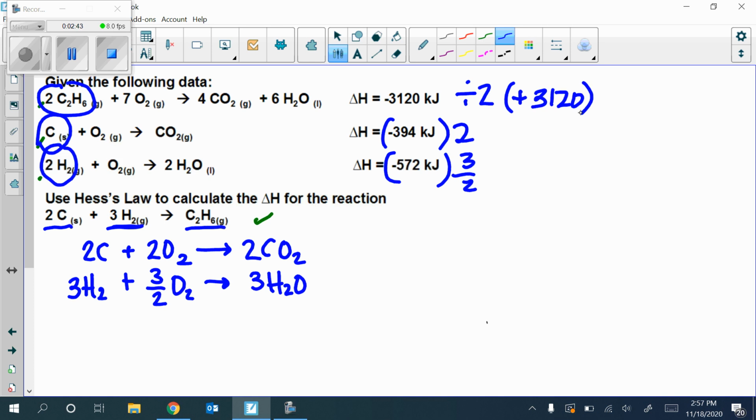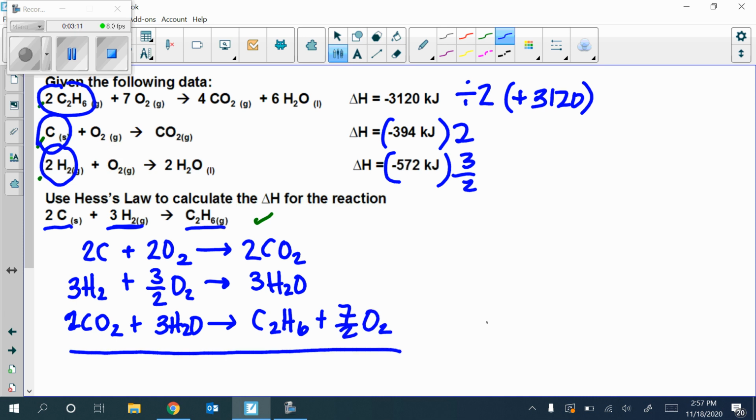I'm flipping the reaction, so I flip the energy, flip the sign, and divide by 2. So 4 divided by 2 is 2 carbon dioxide, and 6 divided by 2 is 3 water. And then I have 1 mole of ethane, and then 7/2 of oxygen.